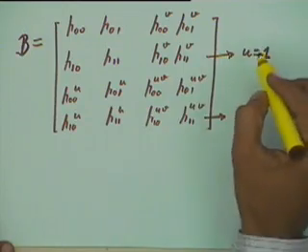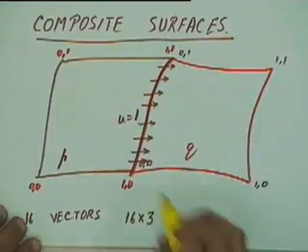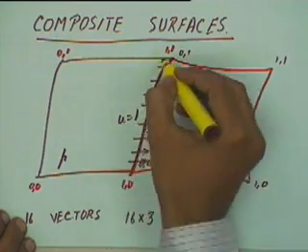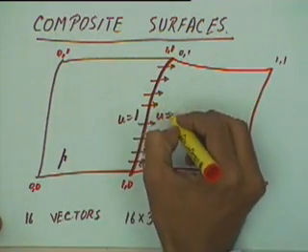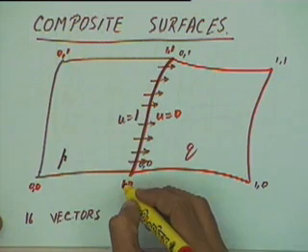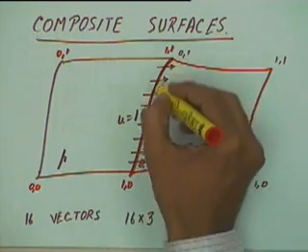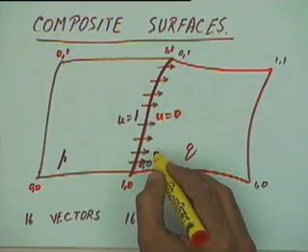So if we want to ensure C1 continuity between these two, then the u equal to 1 curve for this patch and the u equal to 0 curve for this patch should be identical. That will ensure a C0 continuity, which means these two edges will be common.